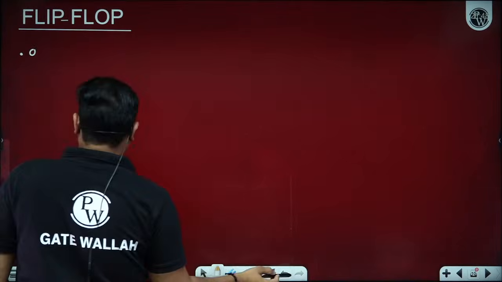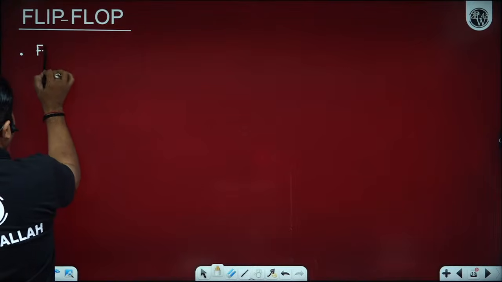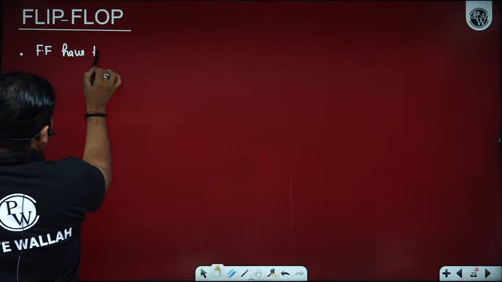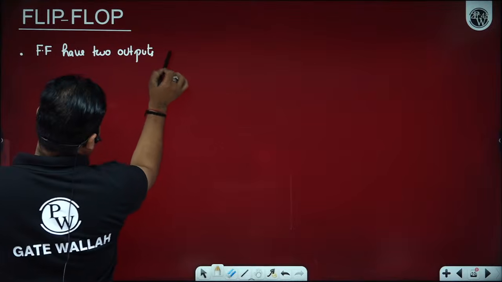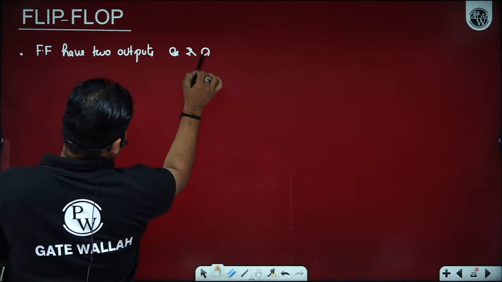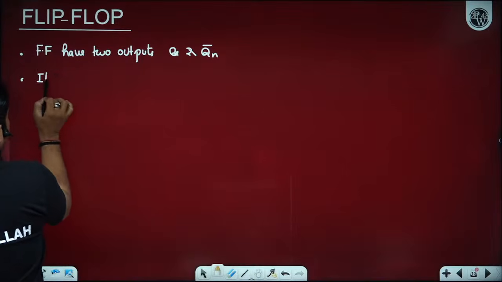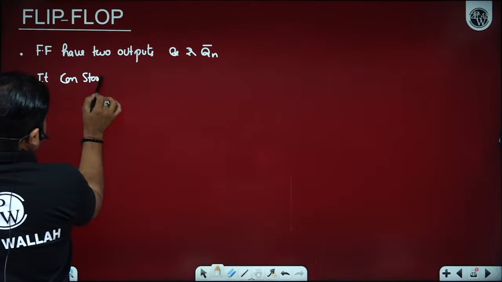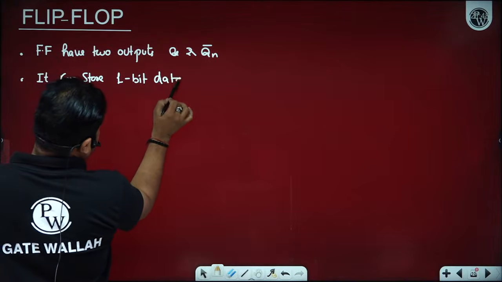So, flip-flops have two outputs, Q and Q complement. Is it okay? It can store 1 bit of data.